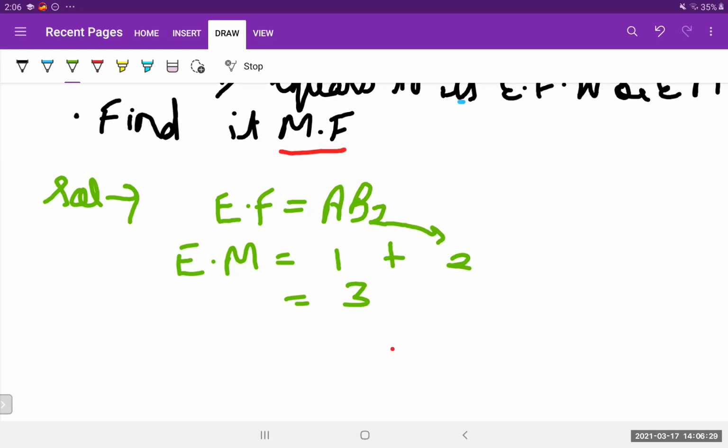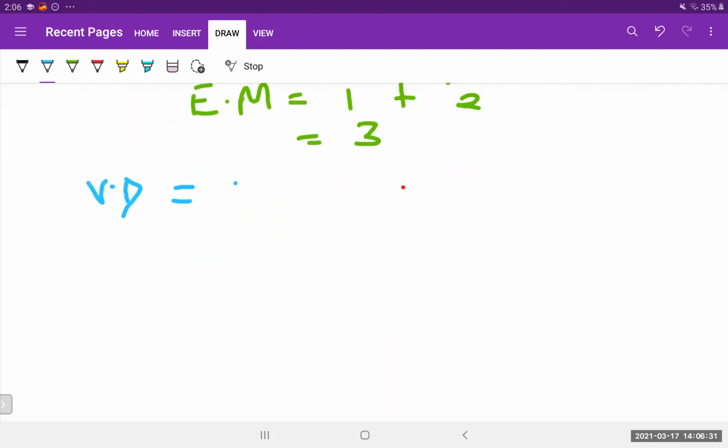Now we have to write the vapor density. Why? Because what is vapor density actually? I've told you the formula earlier only. Vapor density is molecular weight over empirical mass. So that is 3 here.